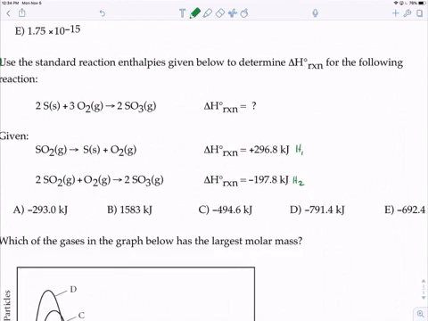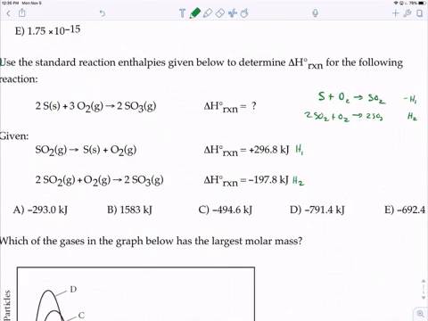So S plus O2 makes SO2, and this is minus H1. Then we have 2 SO2 plus O2 makes 2 SO3. This is H2.